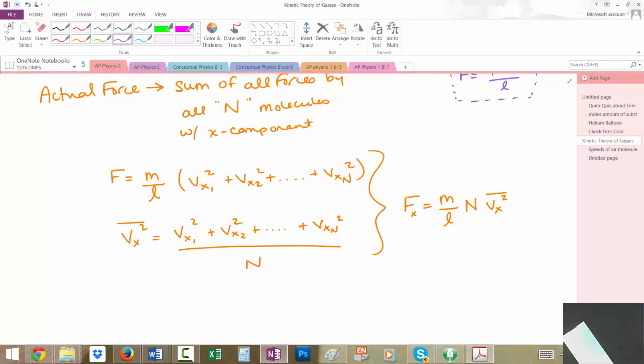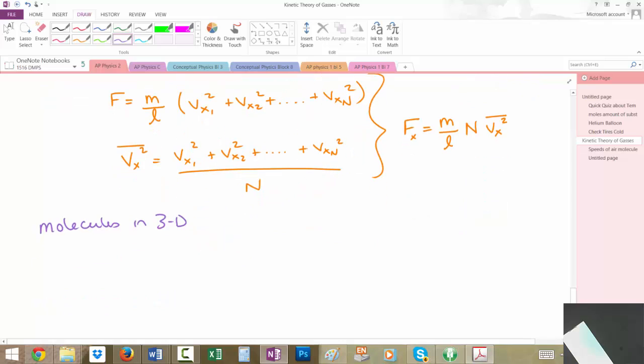Yeah. So because we have molecules moving in 3D, 3 dimensions of motion, does it make sense, just like if you were breaking up any vector, you're just going to use the Pythagorean theorem to break the vector up?